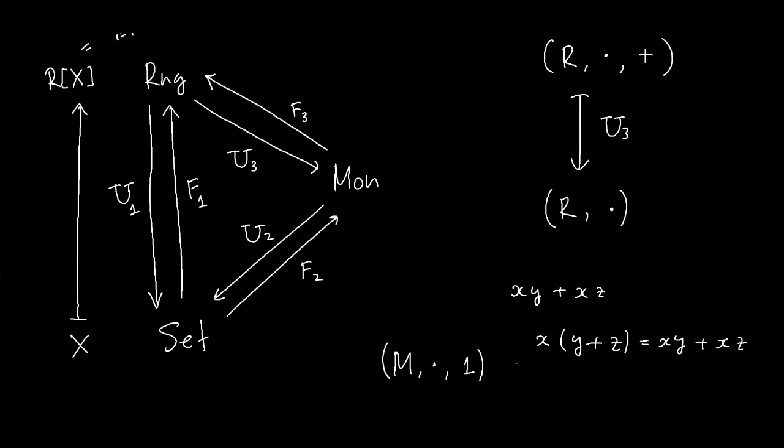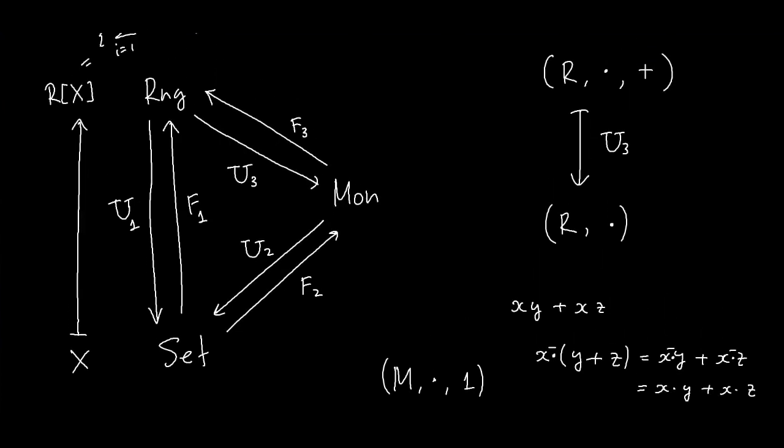It will be the same product that I already have in the monoid M. So maybe we distinguish the two products by writing dot bar for the ring product. What I'm trying to say is that by distributivity, the ring product should behave like this, but then the ring product should match with the monoid product.